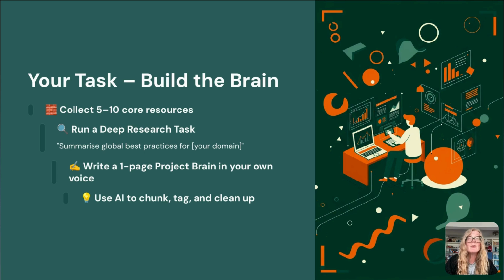Something like, please create a report summarizing global best practices and expert advice for your chosen topic. Include frameworks, common pitfalls, examples of excellence, and relevant citations. That will return to you a strong, structured foundation, and it helps you build from quality, not just convenience.